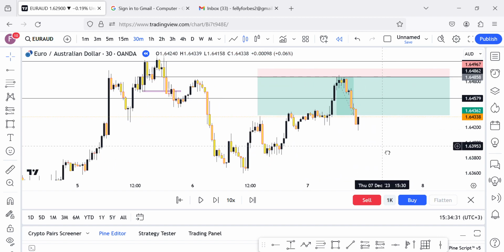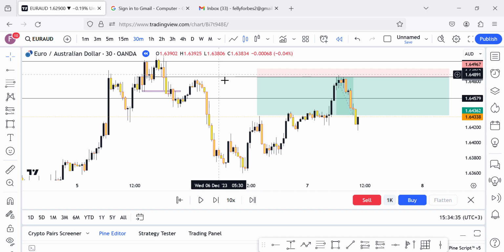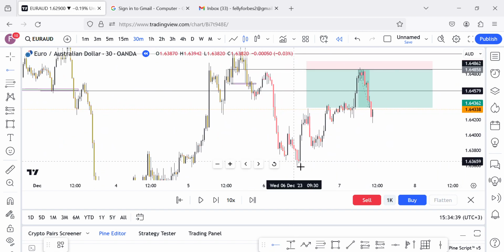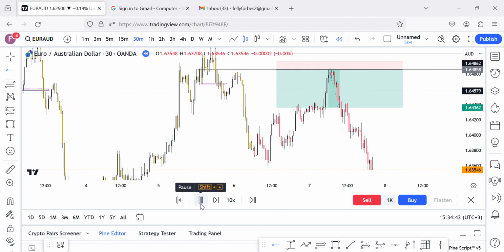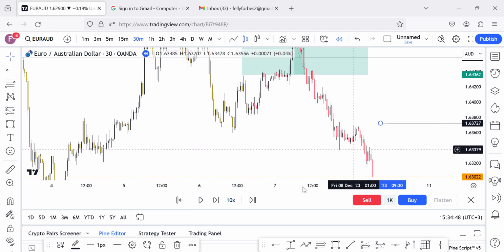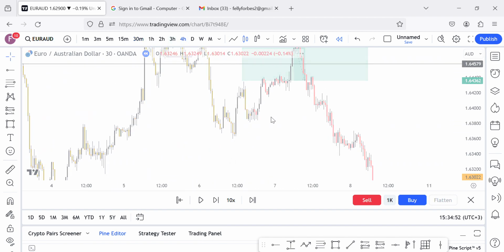You can see we get the entry, which is very sniper. It utilized few pips, and then you can see how many pips just went. Okay, we can go back to 4 hours.